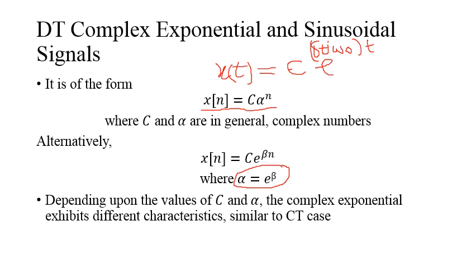So these are two different forms for the generalized case of the complex exponential signals. Again, depending on the values of c and a, we can generate different discrete time complex exponential signals, similar to the case of the continuous time.